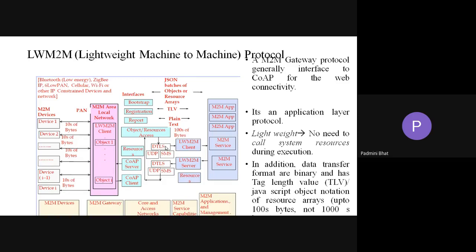Next one is the one I was telling you about at that time, the lightweight machine to machine protocol. This is another type. Now actually, what is lightweight? Why the name lightweight? There is no need to call system resources during execution. It is a machine to machine gateway protocol, generally interfacing to CoAP, which we have studied now, for web connectivity.